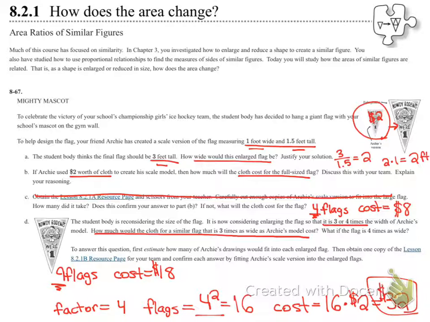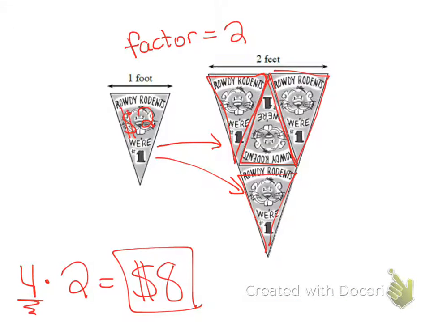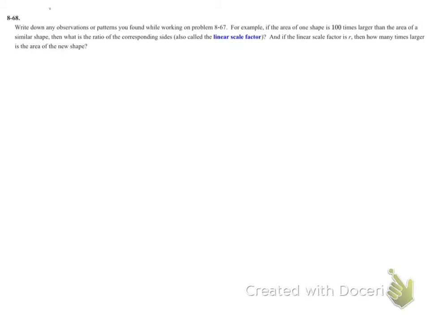All right, so let's go ahead and read the next problem and go through that. Okay, so question 68. It says, write down any observations or patterns you found while working on problem 67. So we've already seen that when our factor was 2, the areas grew by 4. When the factor was 3, the areas grew by 9.